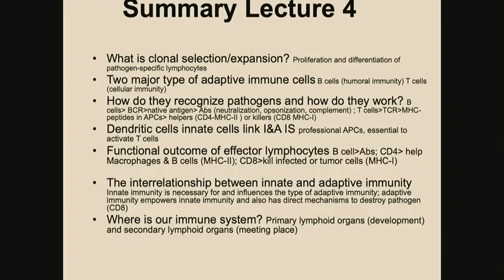So they are naive, which means they haven't seen the ligand for this BCR or TCR, that is the antigen. Once they see the antigen, say we have an infection with measles virus, the sequences of amino acids in the glycoprotein of measles virus may be the ligand for one of the lymphocytes.